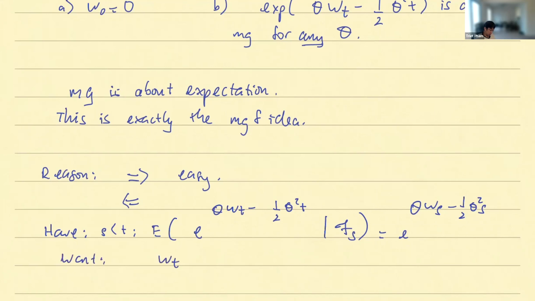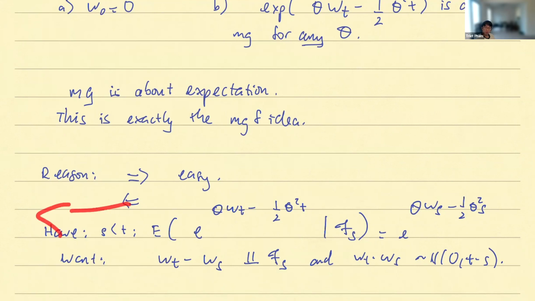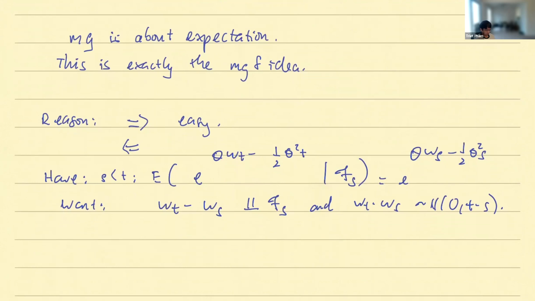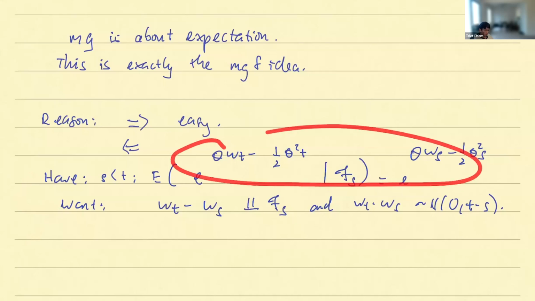That W_t minus W_s is independent with respect to the filtration F_s, and W_t minus W_s is normally distributed. All right, is that clear? That's the backward direction. Now, tell me, can you see how we can go from here to here with what we have?